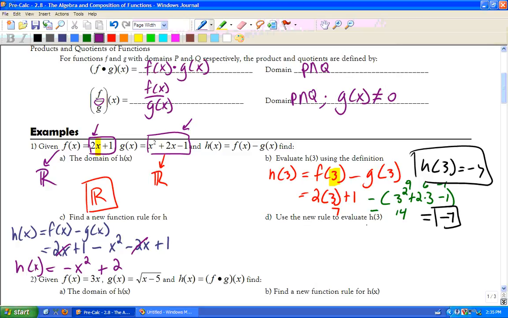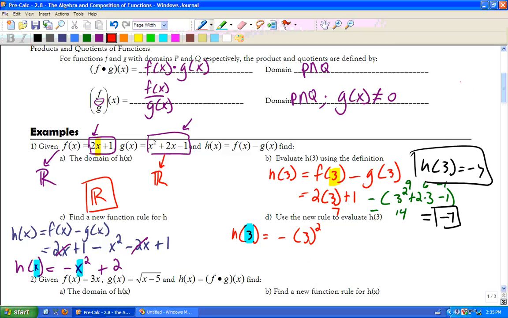Now use the new rule to evaluate h of 3. Plugging 3 into our new rule, it will equal the opposite of 3 squared plus 2. Sorry, my pen's not working here.